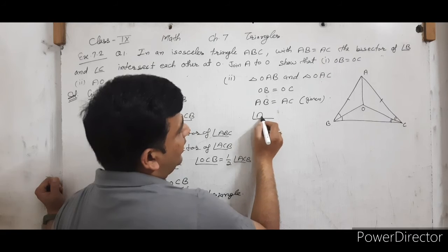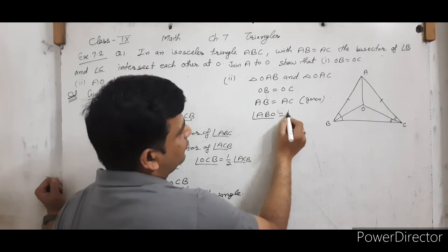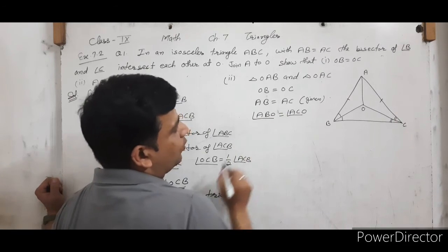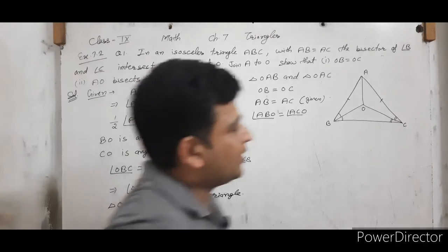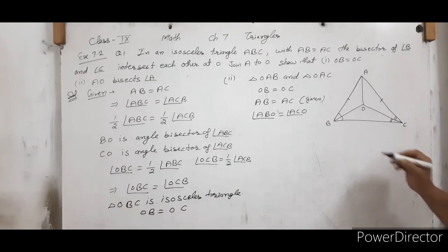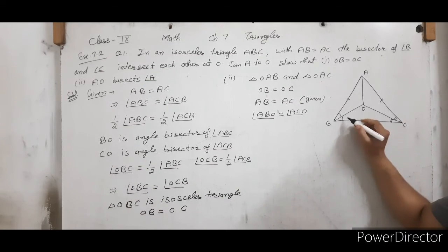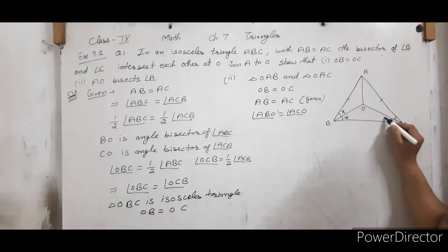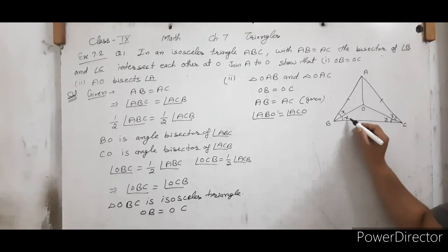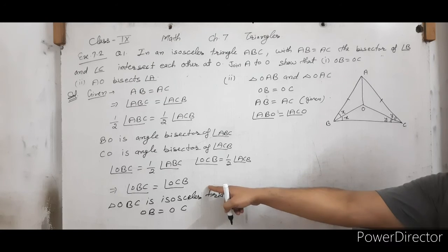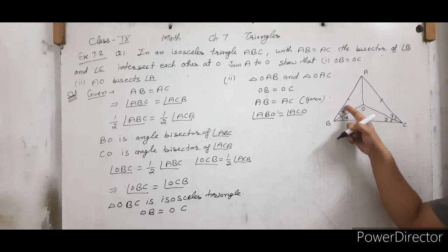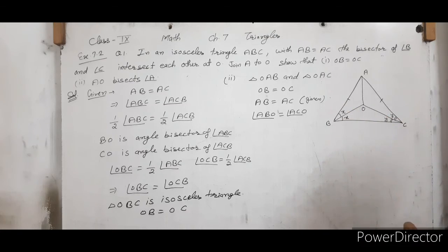Angle ABO is equal to angle ACO, because OB and OC are the angle bisectors. If this angle is X, then the other is also X. If this angle is Y, then the other is also Y. We proved that X and Y are equal, since OBC and OCB are equal. That means these two angles are also equal.